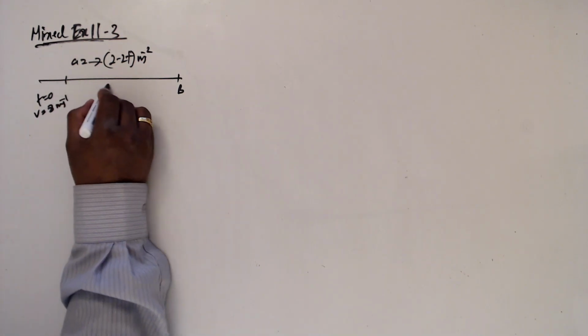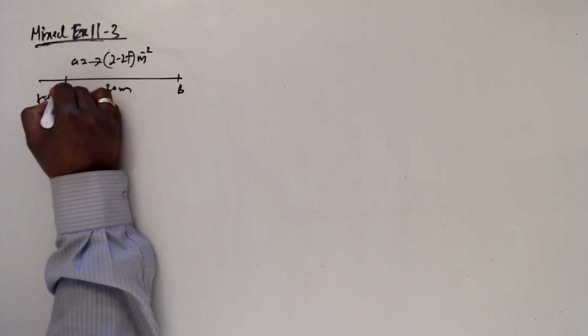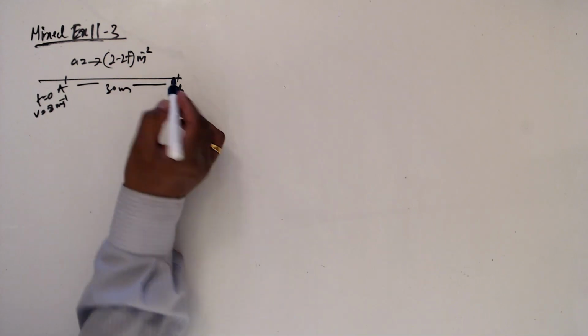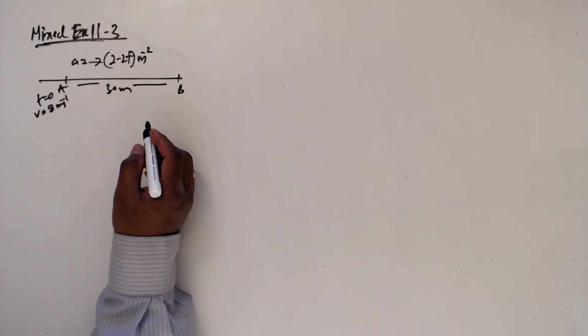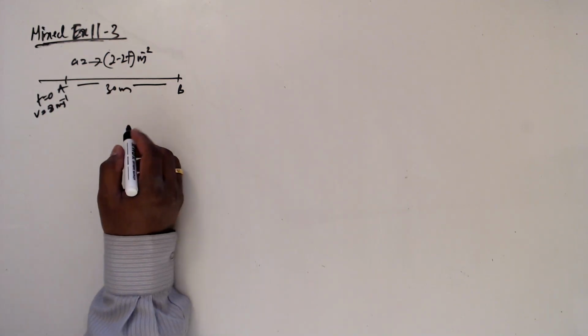This is the AB distance, 30 meter. Find the expression in terms of t for the displacement of P from A at time t seconds.